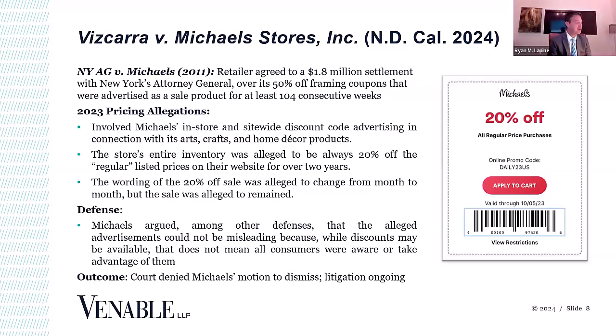It prohibits false or misleading statements of fact concerning reasons for existence of or amounts of price reduction. The FTC has jumped in on this as well. In 16 CFR section 233.1, the FTC prohibits an artificially inflated price for the purpose of enabling the subsequent offer of a large reduction off that price.